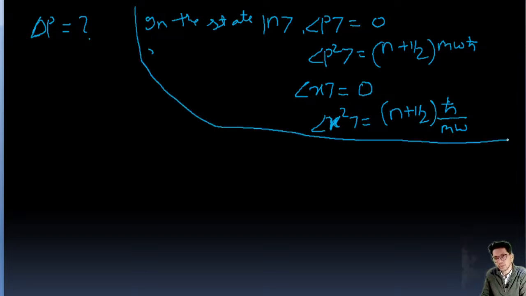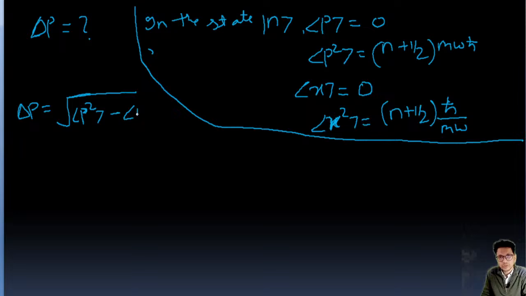Okay, this we know. Now we have to find out the uncertainty delta P, and we know delta P is root of the expectation value of momentum square minus the average value of P, whole square, right?